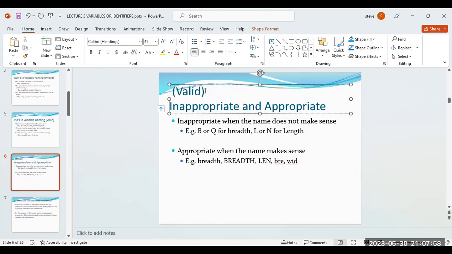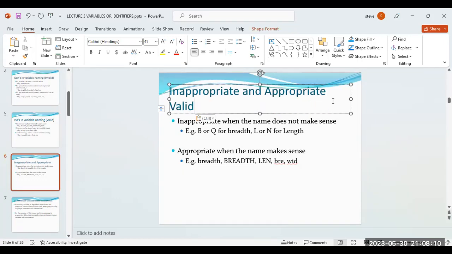Let me change that one: inappropriate and appropriate valid variable name. So keep in mind that you can have an identifier or a variable name, but it will be inappropriate, or it can be appropriate.